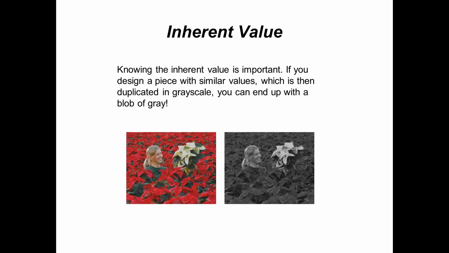If you design a piece with similar values, and if it's duplicated in grayscale, you can see what you end up with. The photo on the left is a photo of the traditional, I can't think of the name, poinsettias. And yet when you strip out all the color, it looks like this woman is kind of in a sea of gray. So inherent value can become important if you know that your work will be stripped down to grayscale.